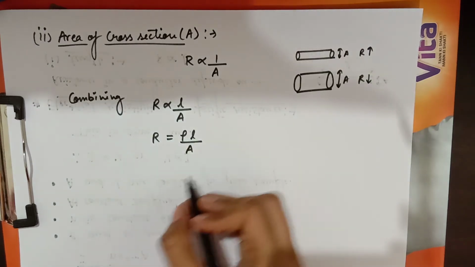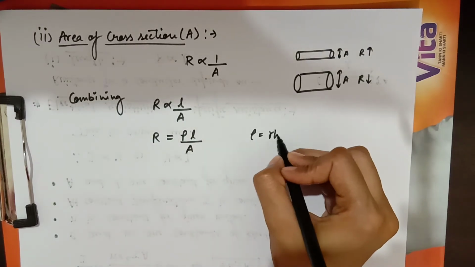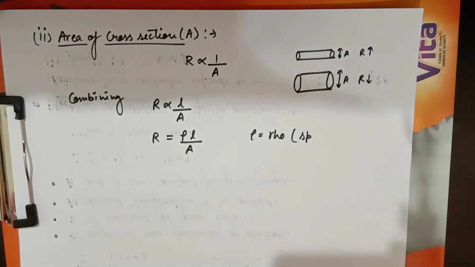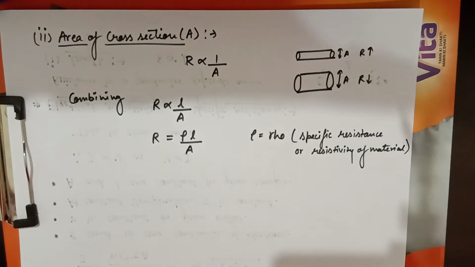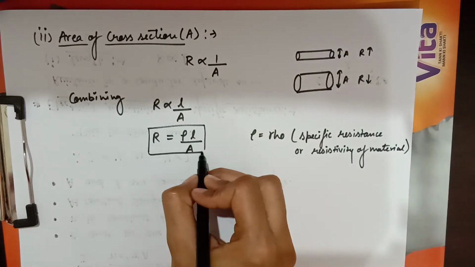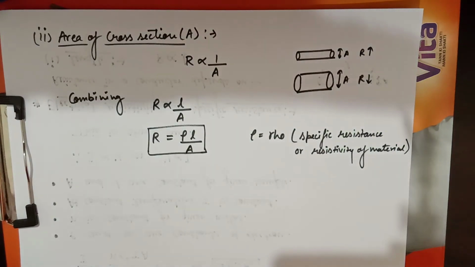This is ρ, and this is called the specific resistance, or resistivity, of the material. So this is the formula: R equals ρL divided by A.